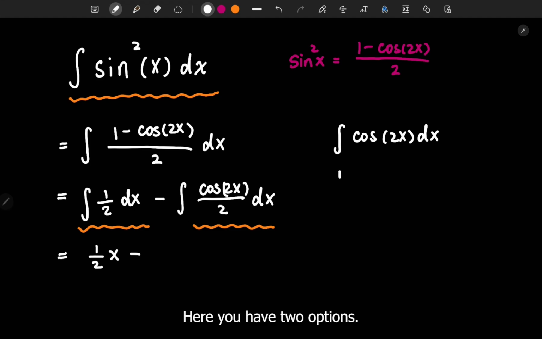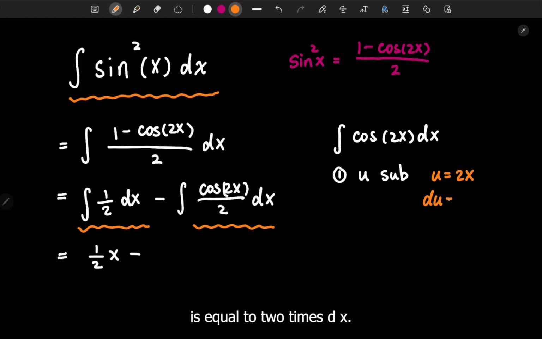In here, you have two options. One is you can use u substitution, which sets u equal to 2x, and then du is equal to 2 times dx.